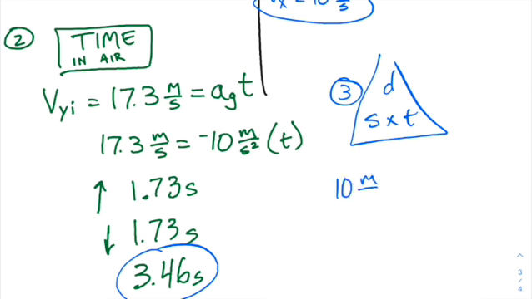So 10 meters per second times 3.46 seconds is going to equal a delta x of 34.6 meters.